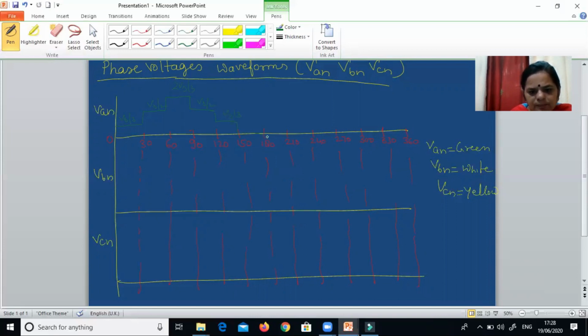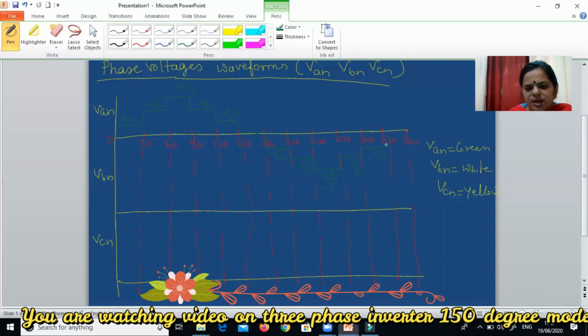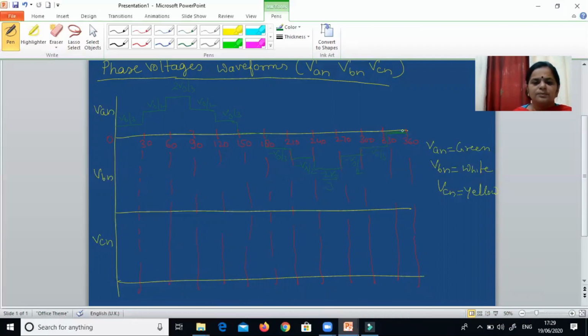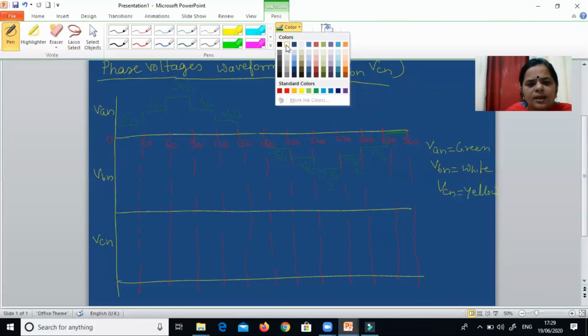Then 0, then minus Vs by 3, then minus Vs by 2, then minus 2 Vs by 3, then again minus Vs by 2, then minus Vs by 3 and 0. So this is how we are going to get VAN.